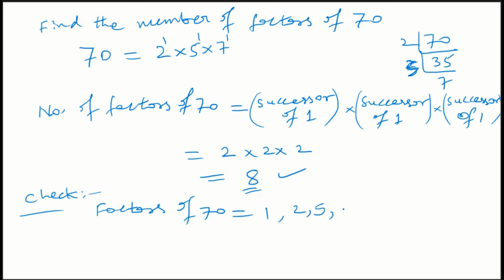So next 10 is a factor, 7 is a factor, 14 is a factor, because 14 5s are 70, 7 10s are 70. Next 35 is a factor and 70 is a factor. So how many are there? 1, 2, 3, 4, 5, 6, 7, 8. So there are totally 8 factors. That is how we found.